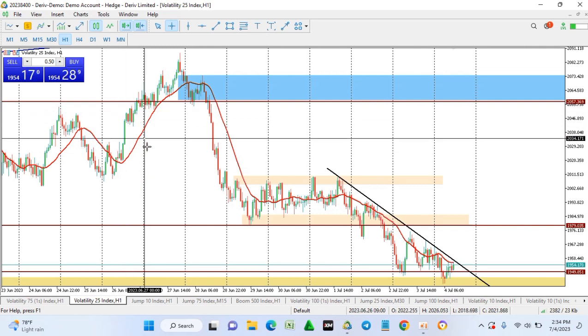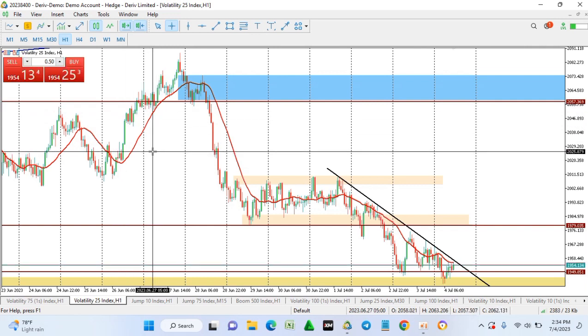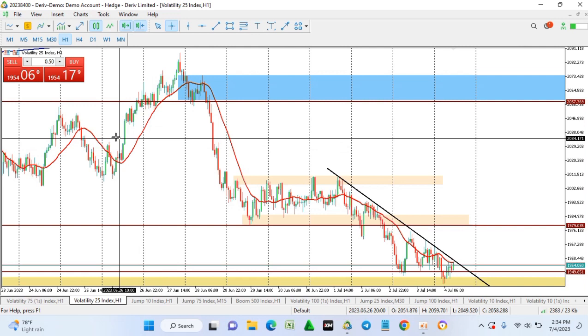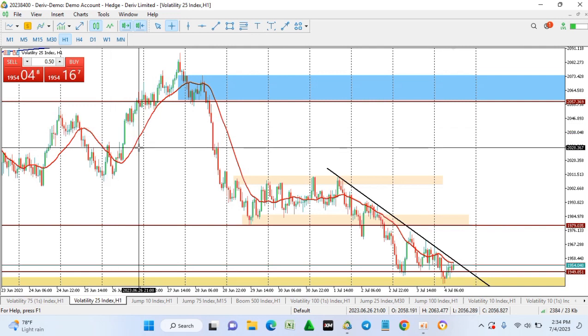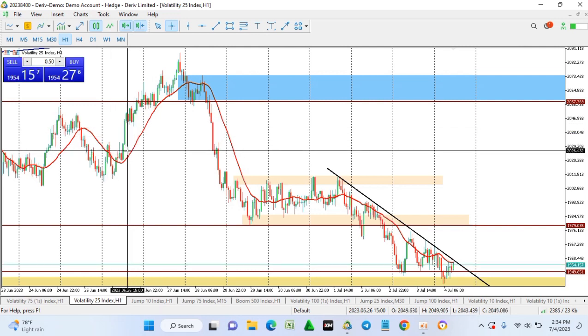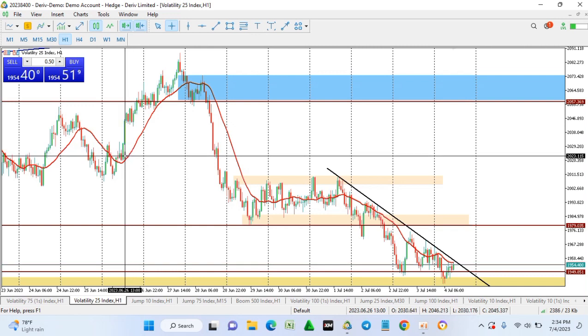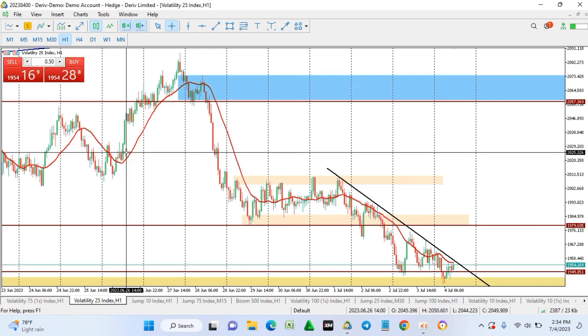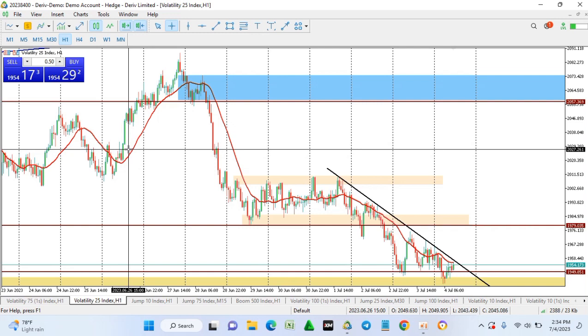Two, it has an imbalance. When we talk of imbalance, you count 3 candles. This is 1, 2, 3. So the space in between this one and this one is what we call imbalance, okay? Even this one is imbalance, okay?